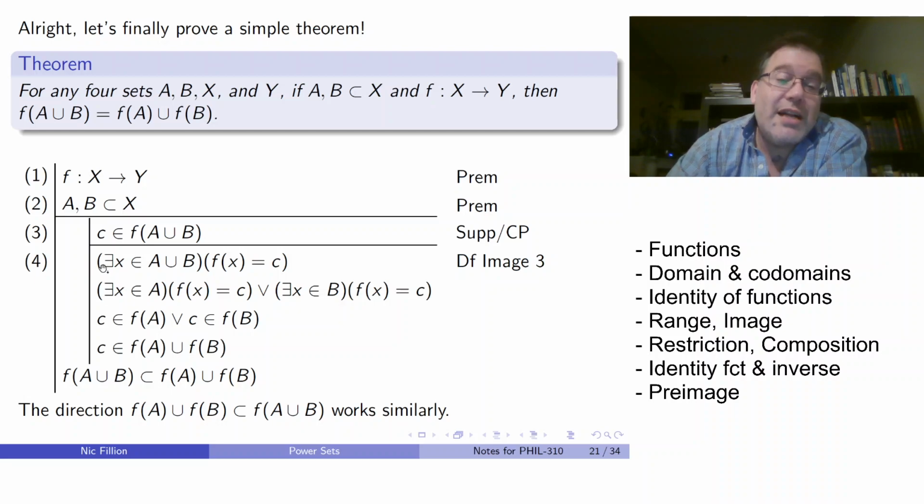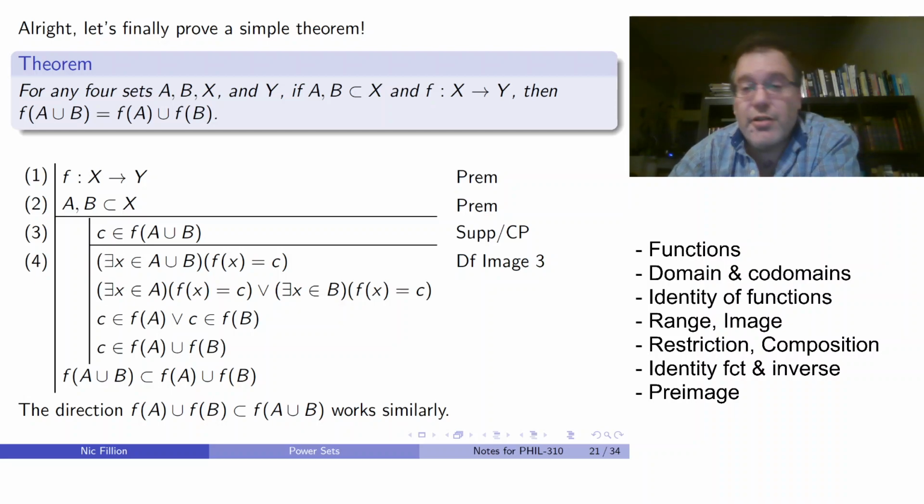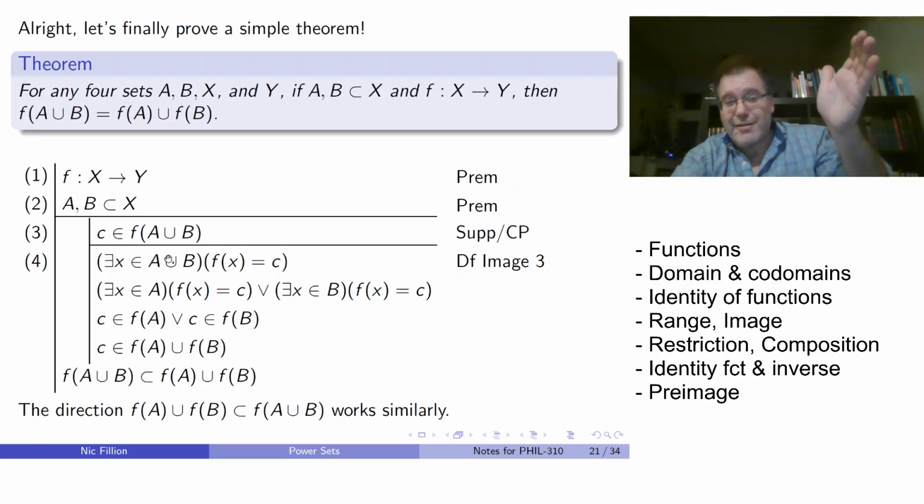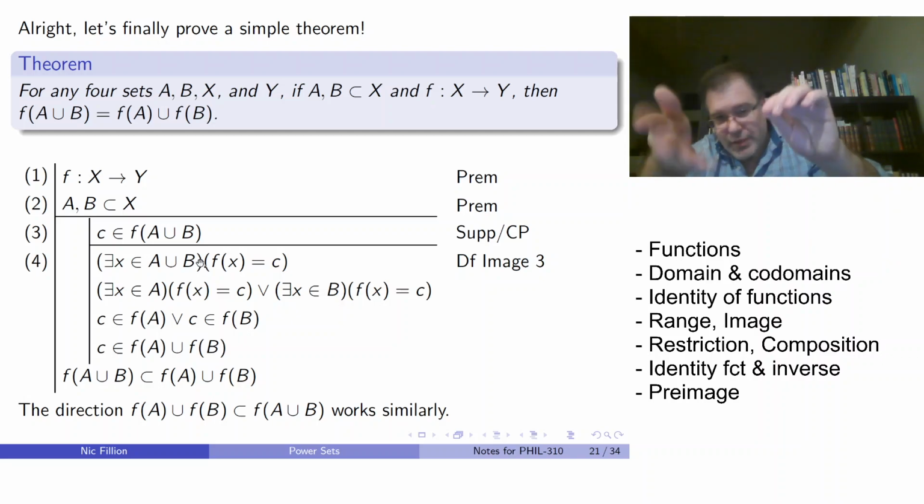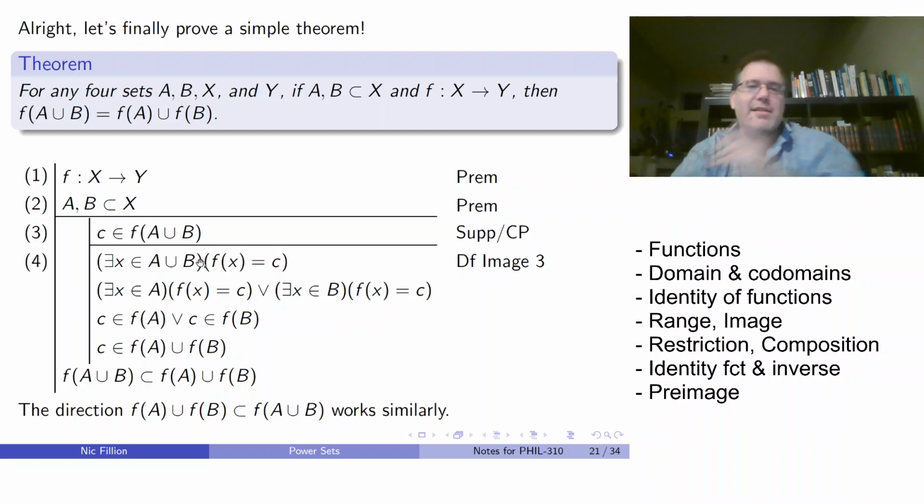So that means, applying the restricted quantifier, there exists an X such that either, parenthesis, X is in A or X is in B, close parenthesis, and f of X equals C. And then we apply distributivity and we play a little bit and we reach that long line here.